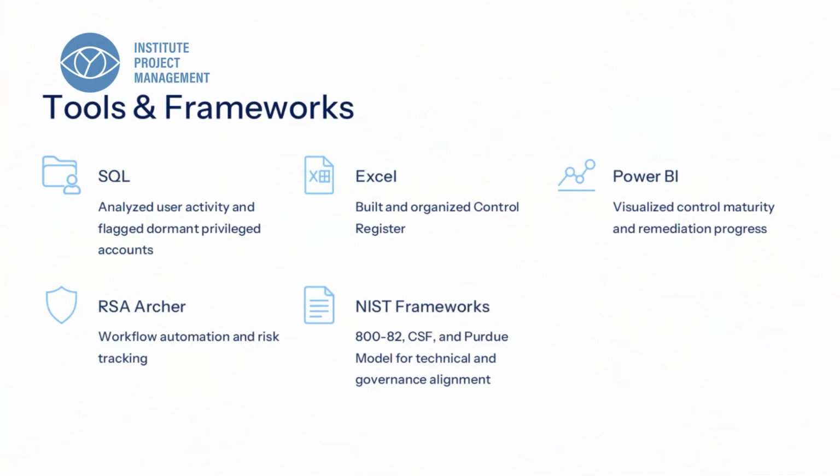So, like I mentioned, in this project the tools that I used were again similar to my previous project: SQL, Excel, Power BI to visualize control maturity and remediation, RSA Archer for workflow automation and risk tracking, and I also uploaded my evidence to show to my clients and the stakeholders.